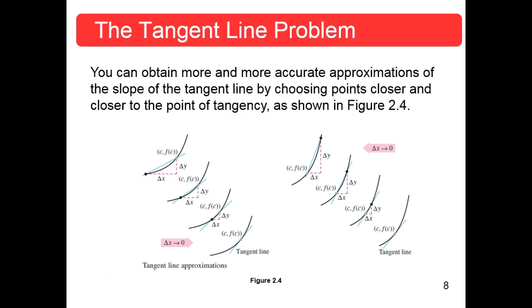That line is not a bad approximation to the tangent. This is even closer, and this is even closer. And then finally, in the limit, you get the tangent line. But you can't do a delta y over delta x when delta x is going to 0. So that's where a limit comes in. Okay? Same thing here.